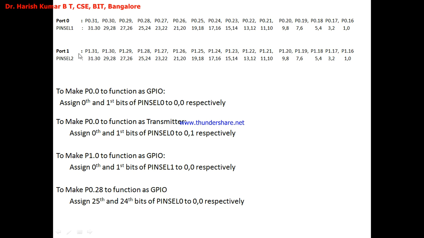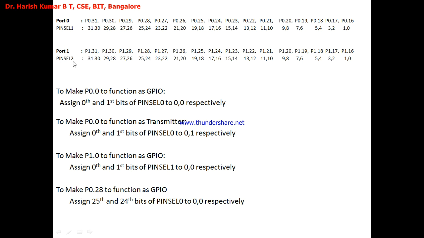And similarly for port 1, I told you that you can use only P1.16 to P1.31 from port 1. P1.0 to P1.15 are not usable. There is only one register for it, PINSEL 2. Now you understood.